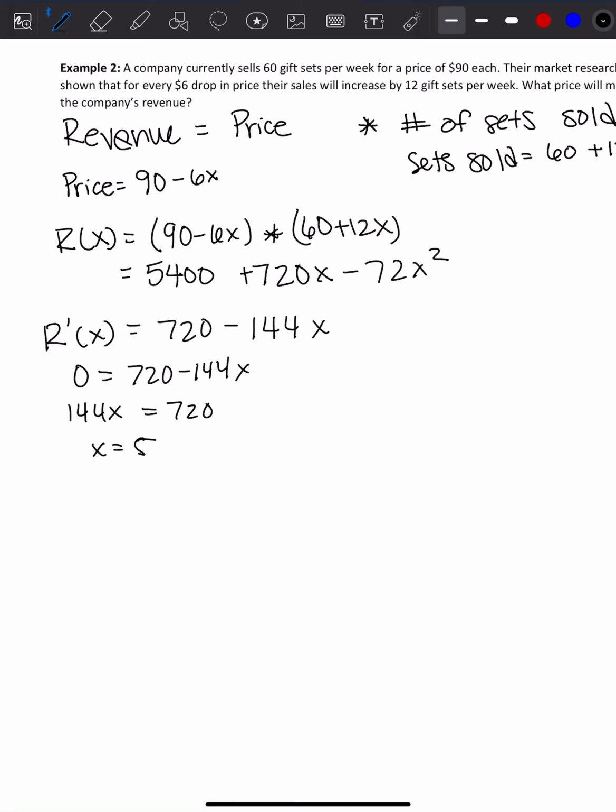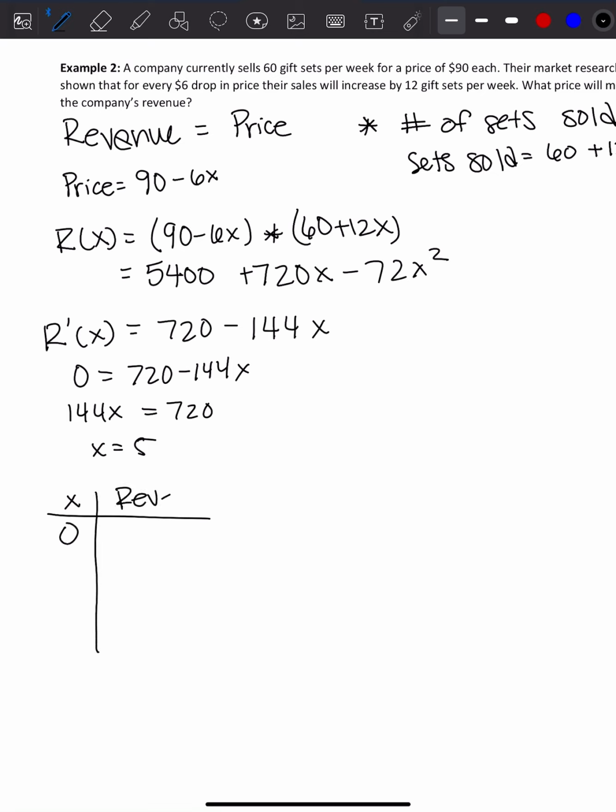So now we just need to look at what we have going on here. If we don't change the price at all, that would be week 0.